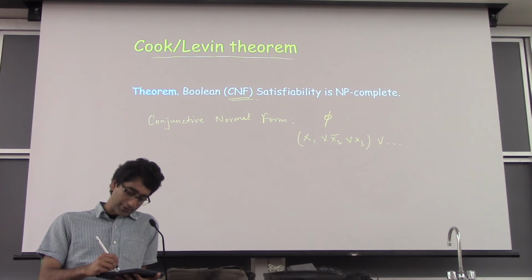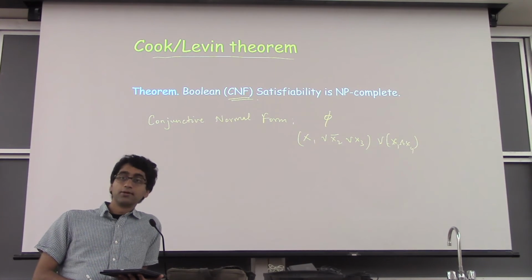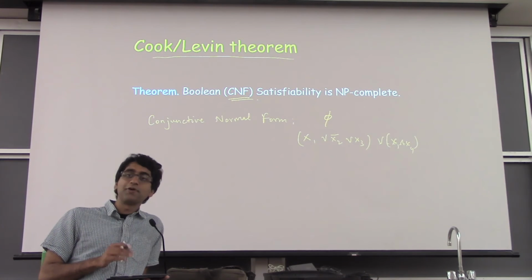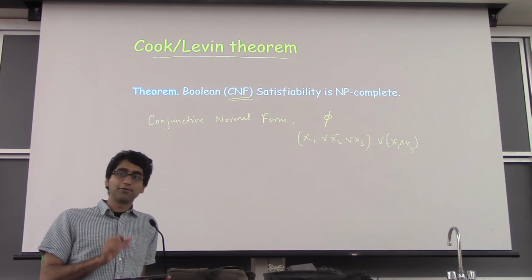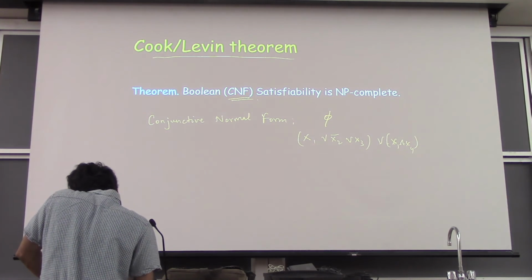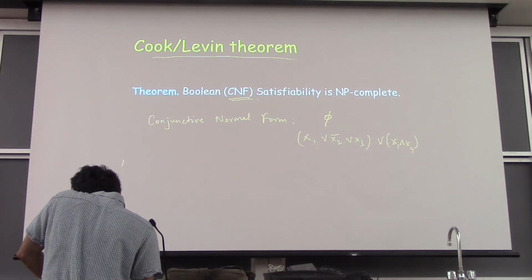Maybe there's an OR of something else, an OR of x1 and x4 and so on. So conjunctive normal form is a special way of writing a Boolean formula.